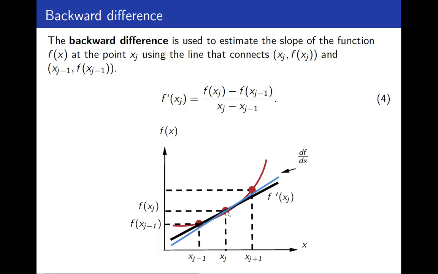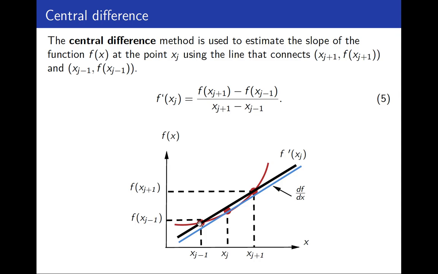So I will be using this value minus this value over this difference. The black line is the line that connects these 2 points, the one evaluated at x_j and the one evaluated at x_{j-1}. Also the blue line represents the exact value of the derivative. But here the black one is the line that connects these 2 points.